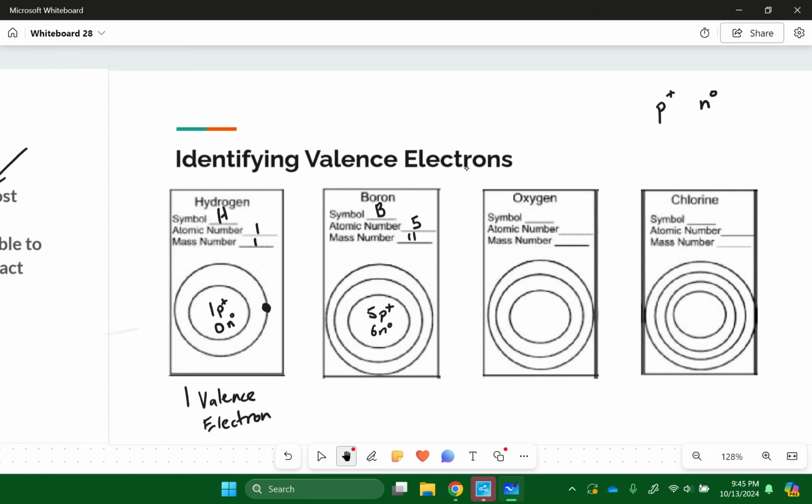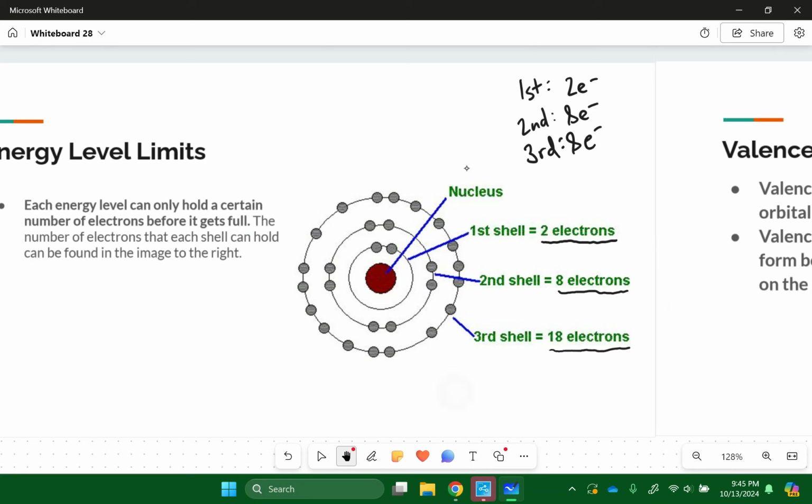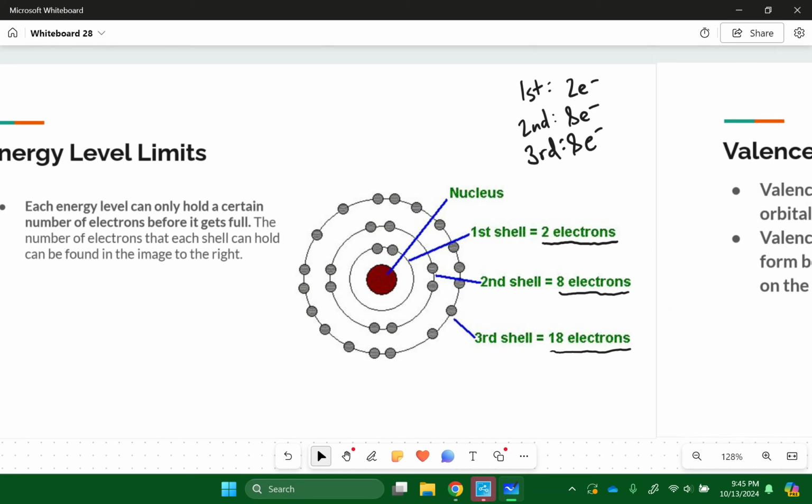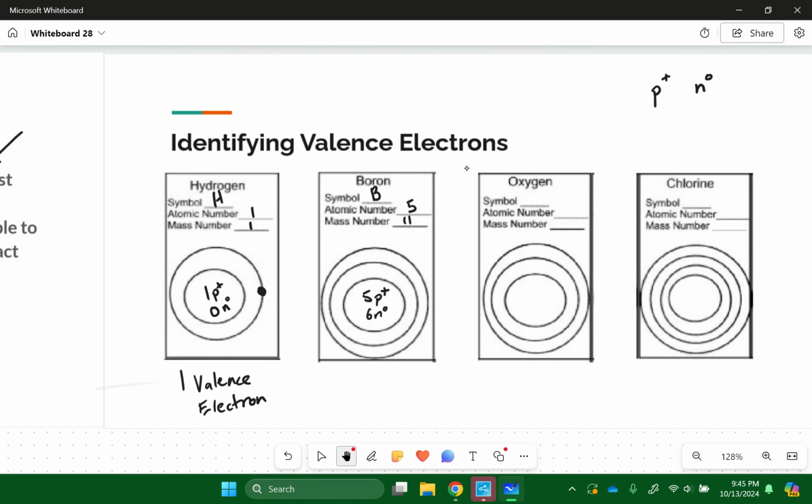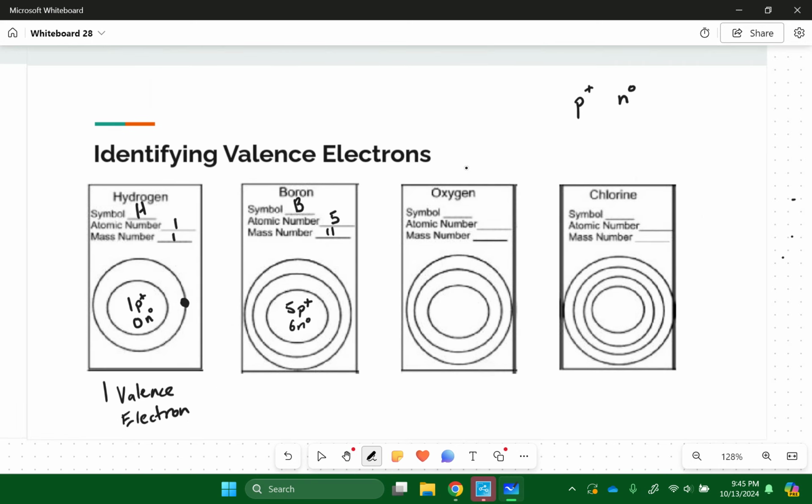So if I go back to my rules right here to how many can fit, remember my first shell can only hold 2 electrons. I've got 5 electrons total, so I'm going to put 2 in my first shell. And I'm going to put them on opposite sides of each other. Okay, so my first shell has 2 now.